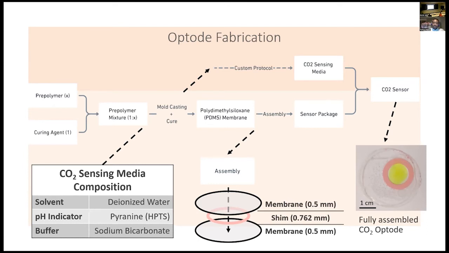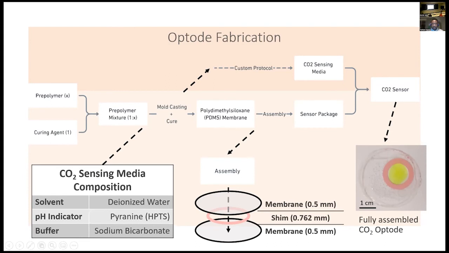And we create the sensing media, and then once that's done, we fabricate the PDMS membranes using the prepolymer mixture and the curing agent. Then we use a mold to cast the mixture, and that gives us PDMS sheets, which we can use to assemble a CO2 sensor, a picture of one is on the right.